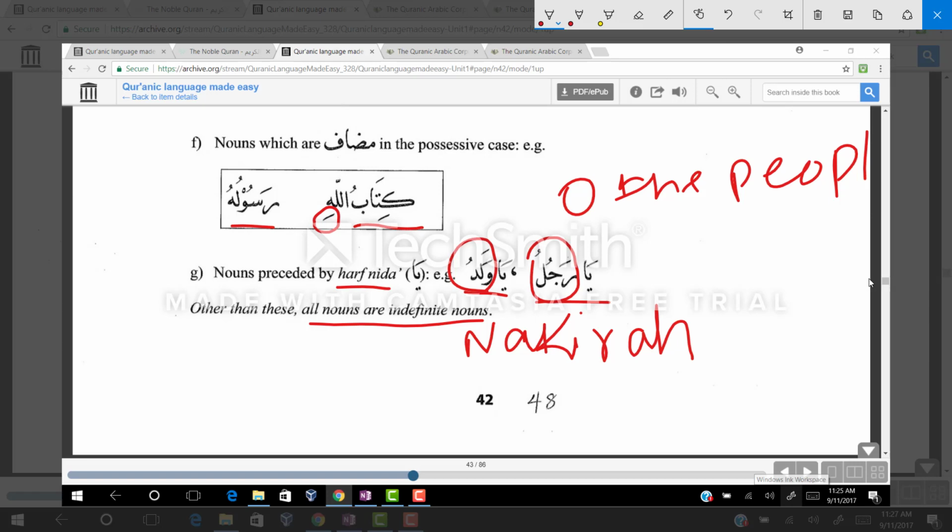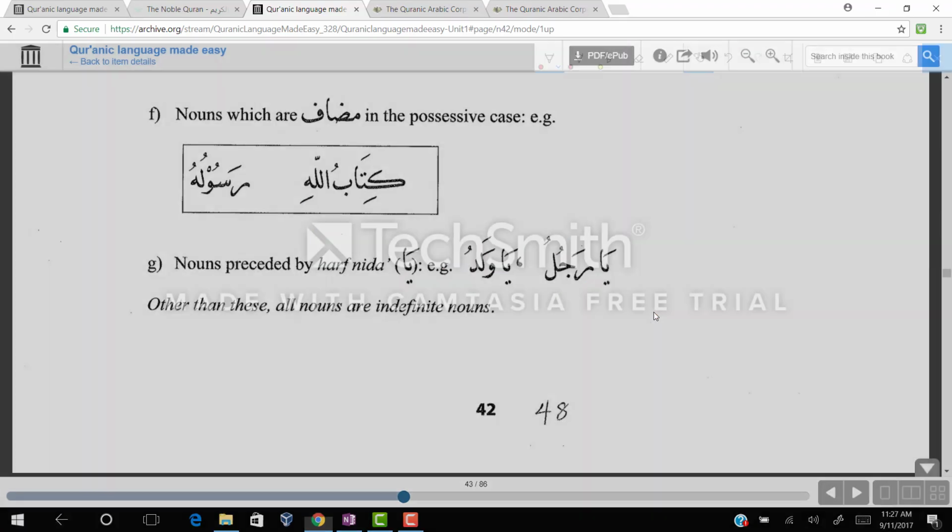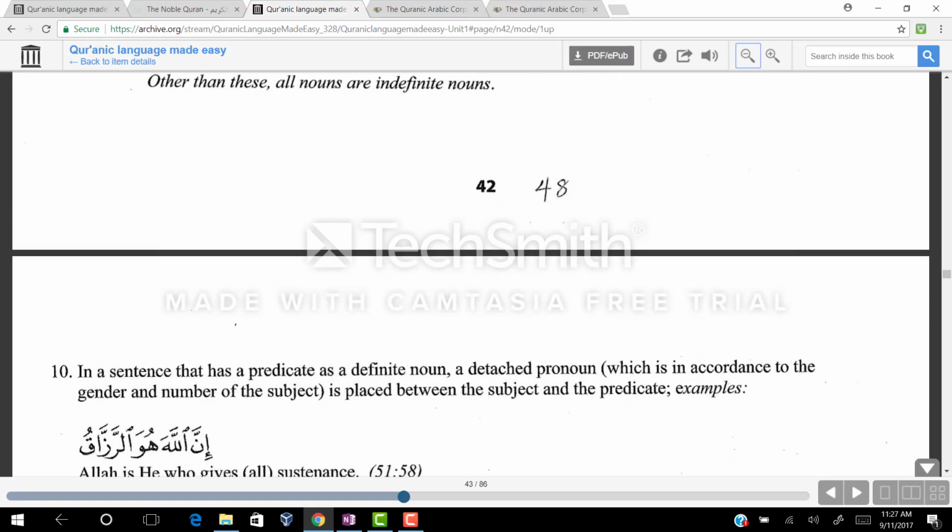And now you know the marifa nouns are all the pronouns, all the proper names, all the ismu ishara or the demonstrative pronouns, this and that, hadha, dhalika, or the ism mausul, relative pronouns, alladhi, allati, or the nouns preceded by the article al, kitabu, and the nouns which are in the mudaf, that is possessive case, are also the marifa nouns, and also the nouns preceded by harf nida ya. So they all are marifa, and apart from all these things, the nouns are nakira nouns. Hope this is clear with you.